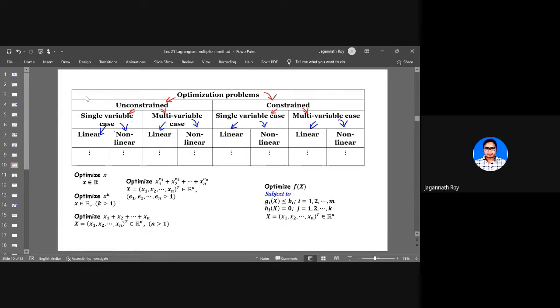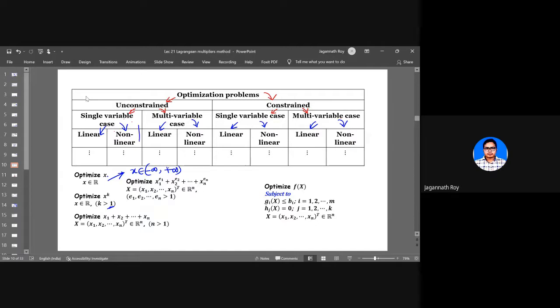But most of the time, it is unconstrained when x can take any value. This is the meaning of x belonging to minus infinity to plus infinity. So this is an unconstrained problem. So this is a very trivial case: a straight line. Wherever you fix the point, that is the maximum point or minimum point. But if it is a square type or cube type problem, with power greater than 1, then this becomes non-linear.